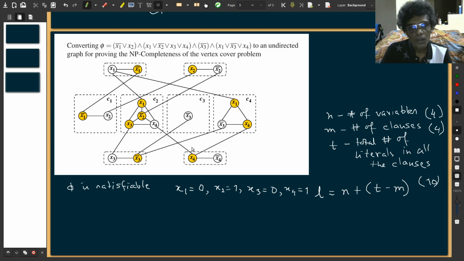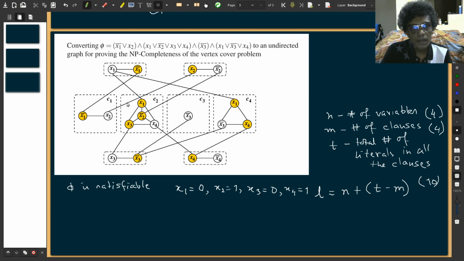Okay. So choose any true literal. If there are multiple true literals, just choose any one arbitrarily. And do not include the node corresponding to this true literal in your vertex cover. x2, x4, x3 complement, x3 complement.